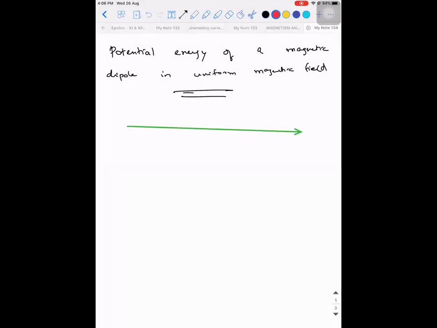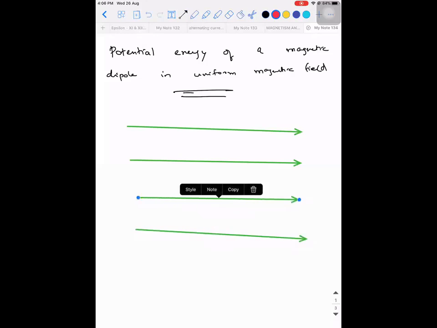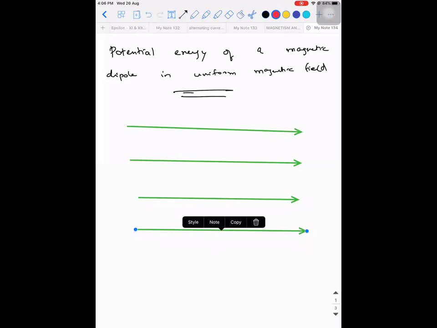You have a uniform magnetic field present, right? You have a uniform magnetic field present in which a magnetic dipole is placed.